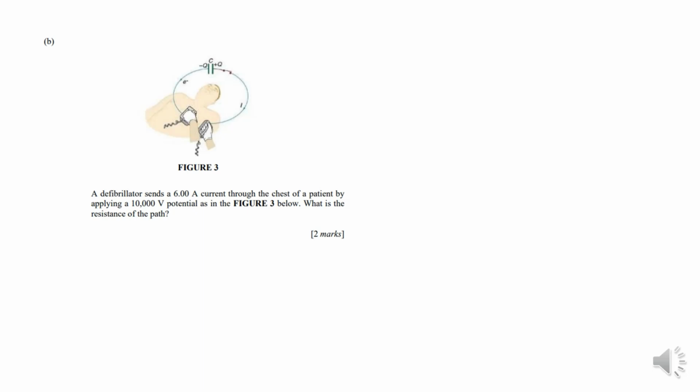Okay, question number 2B. A defibrillator sends a 6 ampere current, I is 6 ampere, through the chest of a patient by applying a 10,000 volt potential, as in figure 3 above.